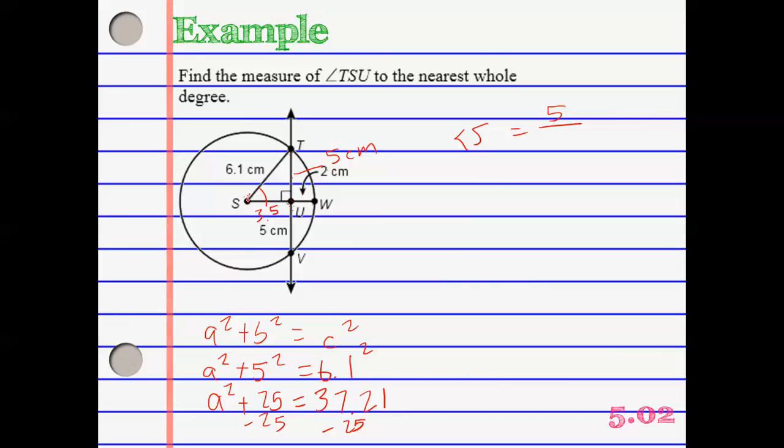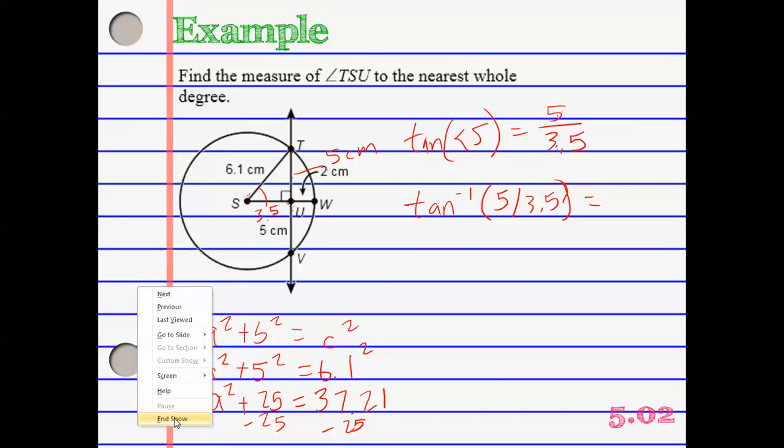So now I can find angle TSU by putting opposite over adjacent. The tangent of angle S is going to equal 5 over 3.5. Since I have the ratio, I can use inverse tangent. The inverse tangent of 5 over 3.5 is going to give me the angle.